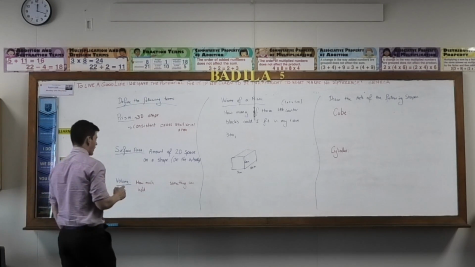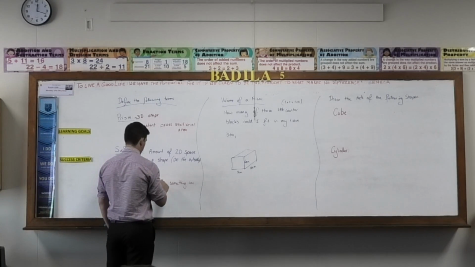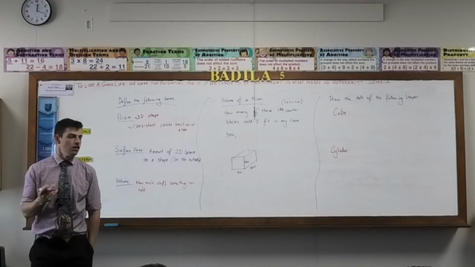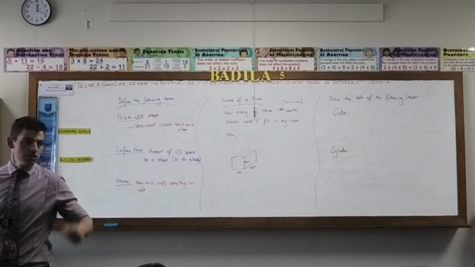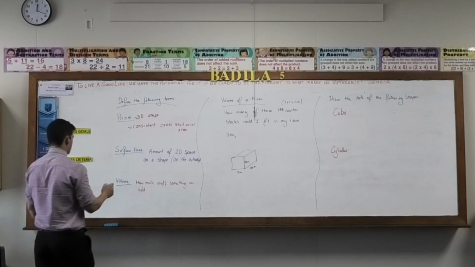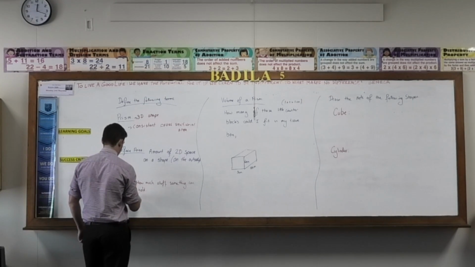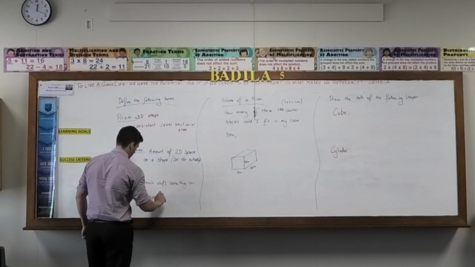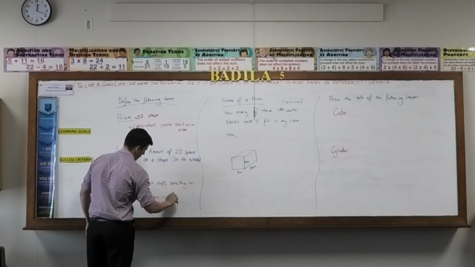Yeah, 3D shape. I'm just going to put it in year 3 terms. How much stuff something can hold. If you were to have something at maximum capacity, you just keep stuffing stuff in, that's how much it can hold. It is, as Coop just said, 3-dimensional space inside an object.